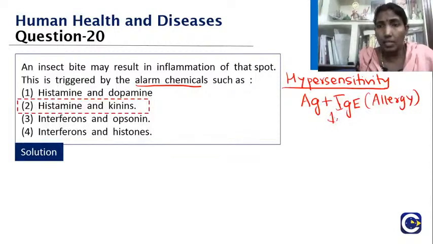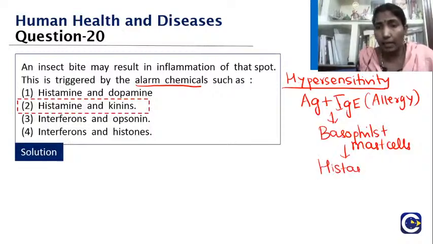Now what will happen? These two will trigger and break the basophils and mast cells. They are the cells responsible for that hypersensitivity reaction, and they are going to release chemicals like histamine, heparin, slow reacting substances of anaphylaxis.